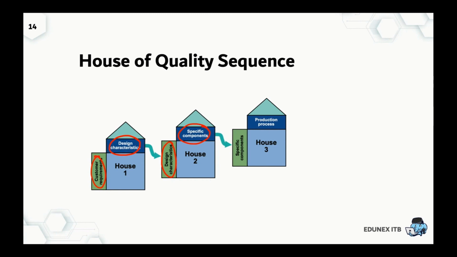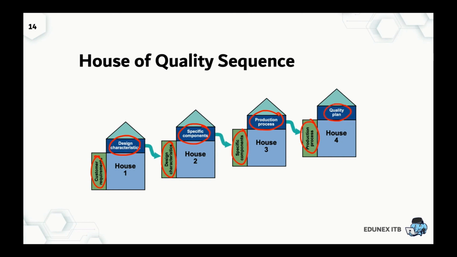And then the house number 3, component with how we can produce this component, so mapping between specific component and the production process. And the last one is the production process and the quality plan. So we have 4 in total, 4 houses.